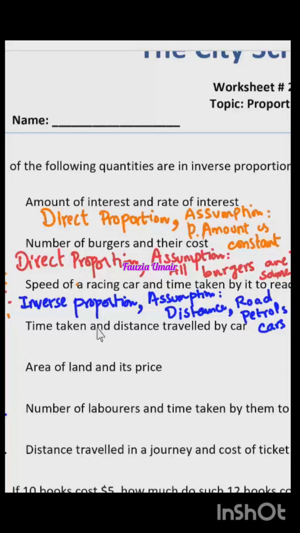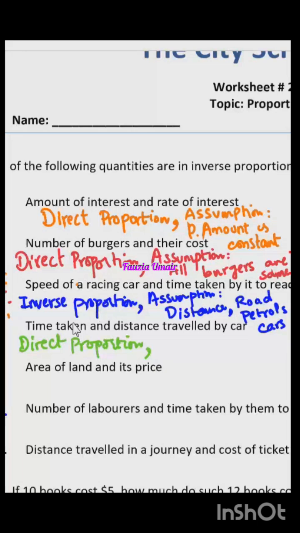Ma'am, it's a direct proportion because the more the distance, the more the time will be taken. Excellent. It's a direct proportion because if you have more time, definitely you are going to cover more distance. If you have less time, less distance will be covered. Or the other way around, like how Zoya is explaining: if the distance is less, you will take less time to reach the destination. If the distance is more, then definitely it will take you more time.